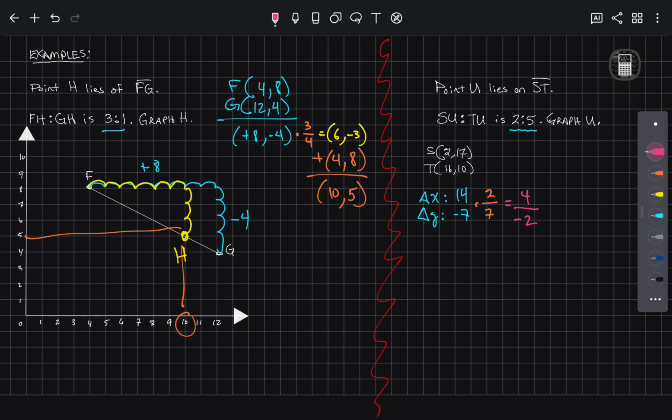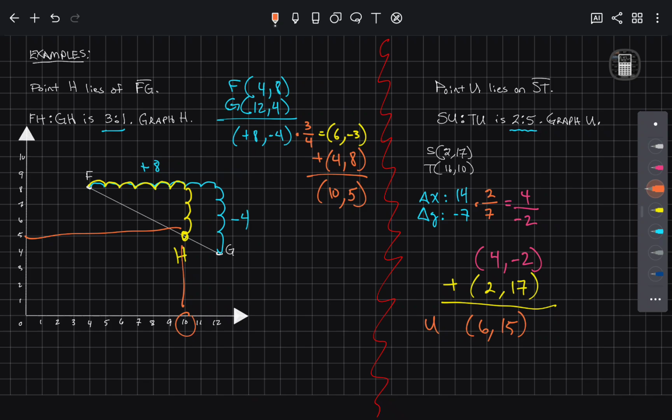So now I know that I have a change in my X of 4 and a change in my Y of -2. Now all we have to do is go to the starting point of the line, which was 2, 17. Add it onto there, and it will make the appropriate adjustment by moving 4 to the right and 2 down from the point we started. So that will be 6, 15. This is going to be point U.